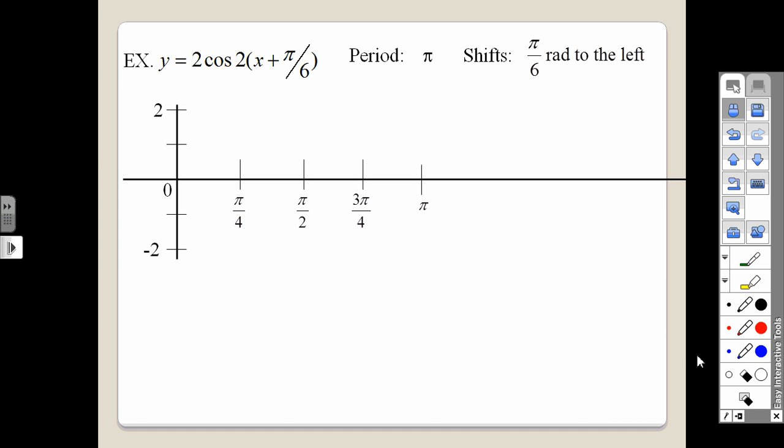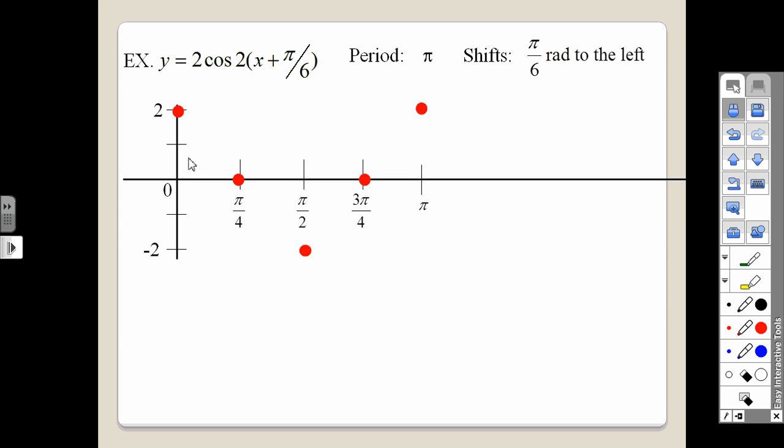Okay, so what I'm going to do here, first of all, in red, I'm going to go ahead and graph my 2 cosine 2x without my shifting left or right. So it would look like that. I'm not going to actually draw in the curve right now, just because it might get too messy.